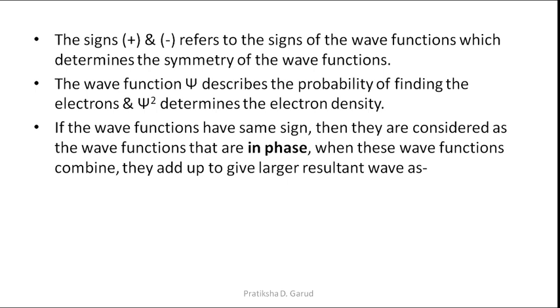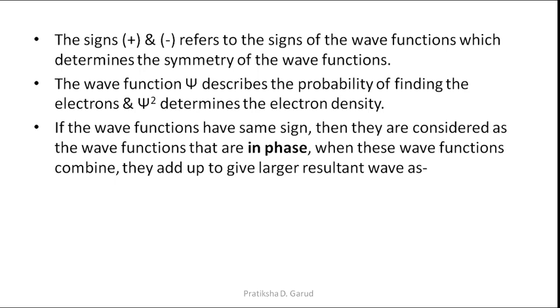Now, if the wave functions have the same sign, they are considered wave functions that are in phase. In phase means they have the same sign. When these wave functions combine, they add up to give a larger resultant wave.